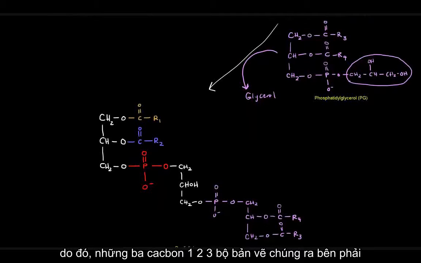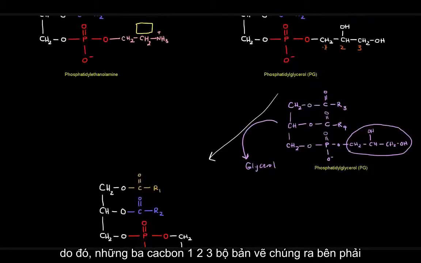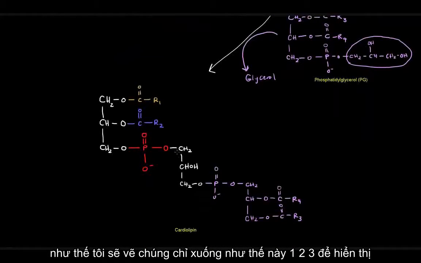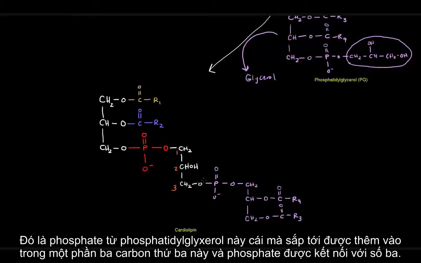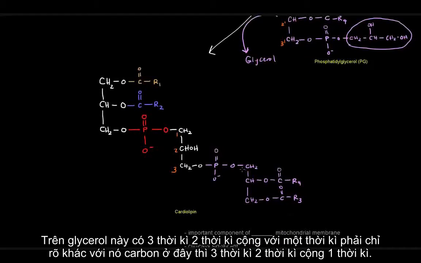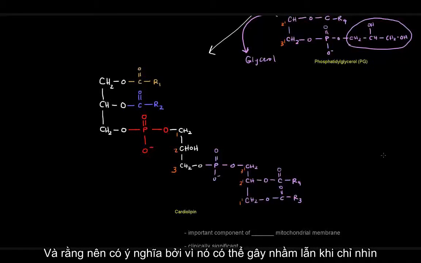Those 3 carbons, 1, 2, 3, instead of drawing them out to the right like that, I'm going to draw them just down like this, to show that the phosphate from this phosphatidylglycerol that's coming in is adding to this third carbon, and that phosphate is connected to number 3 on this glycerol. So if I call this 3', 2', and 1', just to indicate that they're different, this carbon here is going to be 3', this is going to be 2', and 1'.